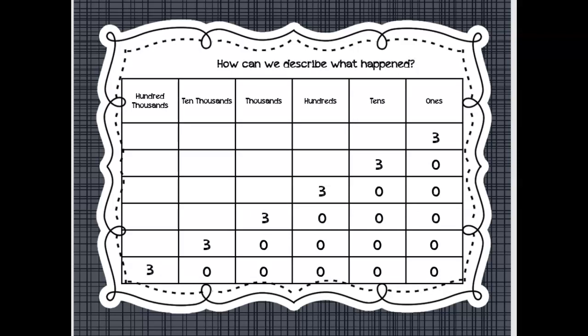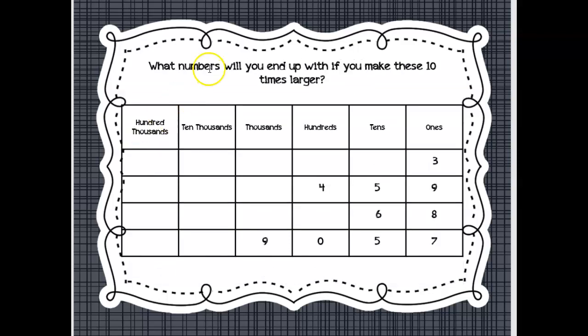There's our chart again. And then I think in this next one, we're going to say what numbers you will end up with if you make these 10 times larger. So right here, we just have a 3, but if we're going to make it 10 times larger, we just go one place to the left, which would make it 30.